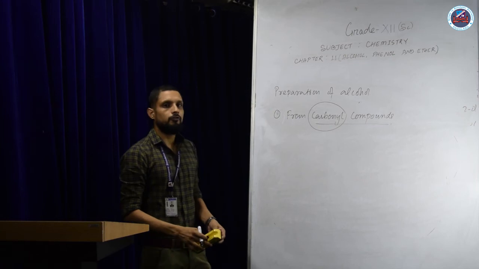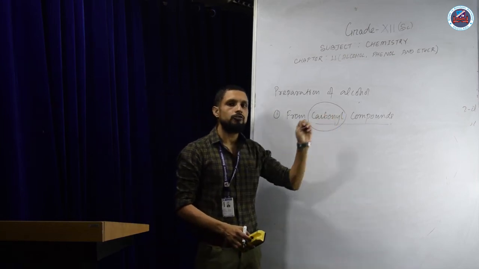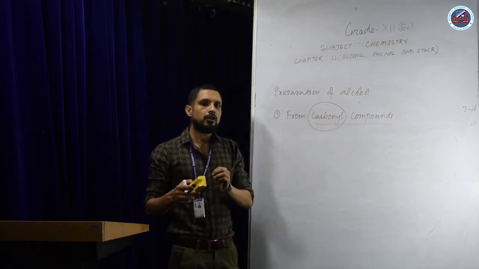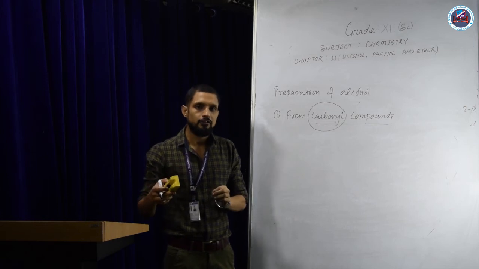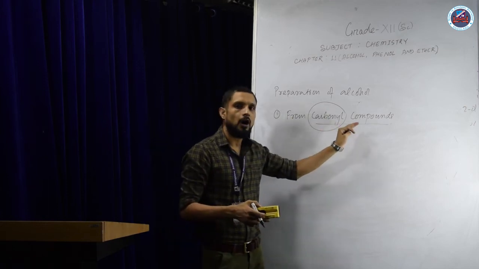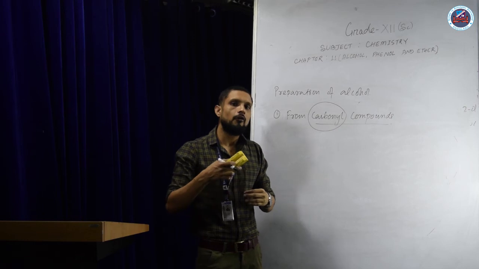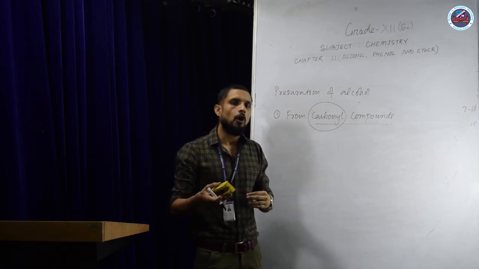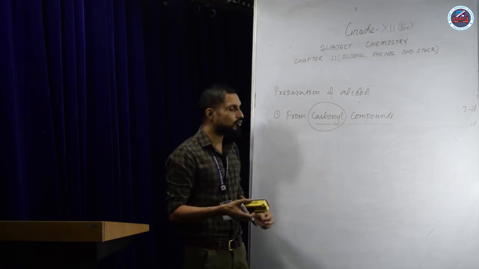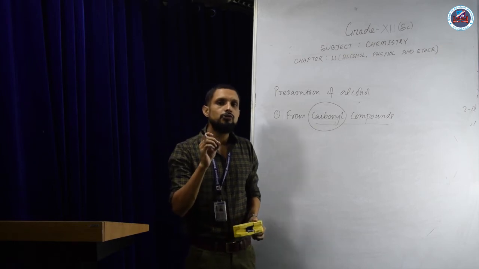Now when we convert carbonyl compounds to alcohol, this is basically a reduction reaction. That means carbonyl compounds will undergo reduction to form alcohol. So for this reaction we need a reducing agent.